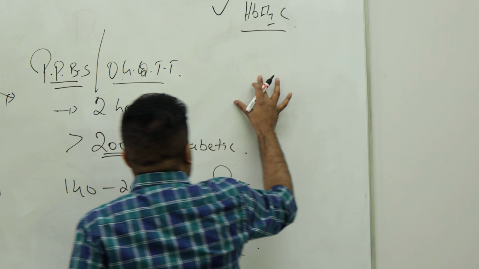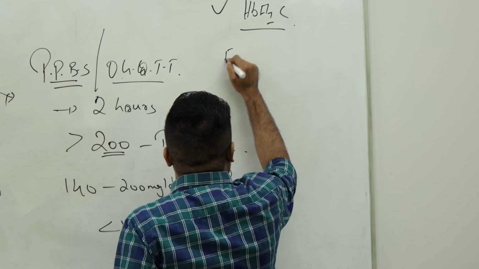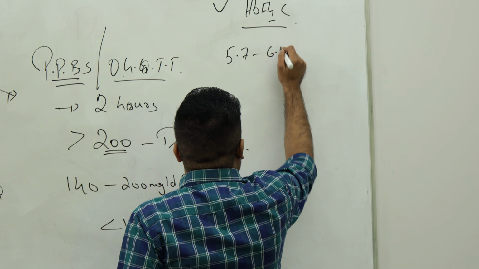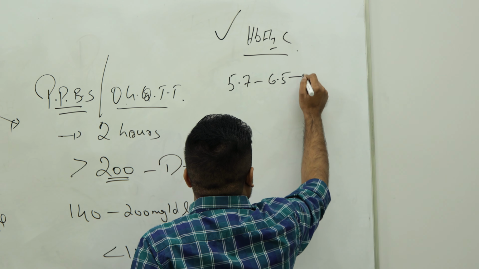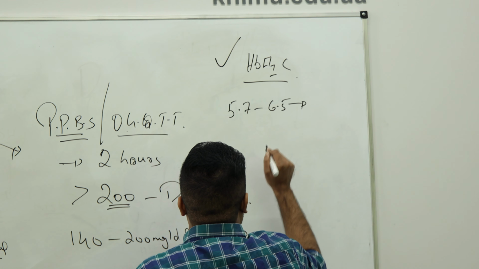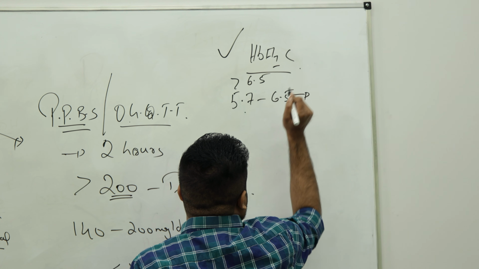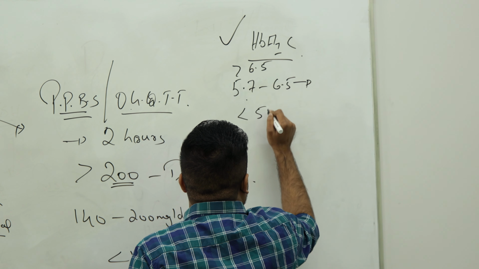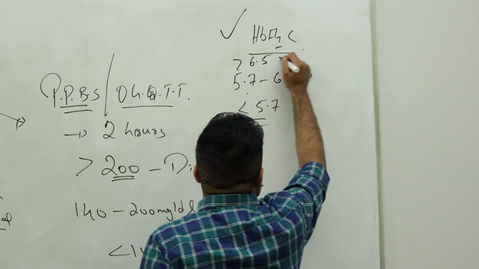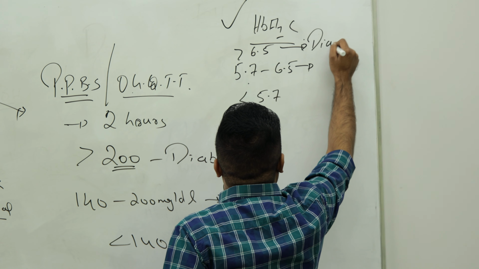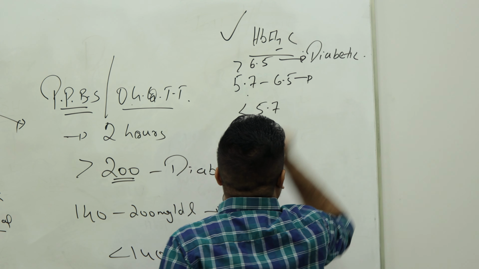In percentage, you can have a value between 5.7 to 6.5, or more than 6.5, or less than 5.7. If more than 6.5, I confirm that the patient is diabetic.